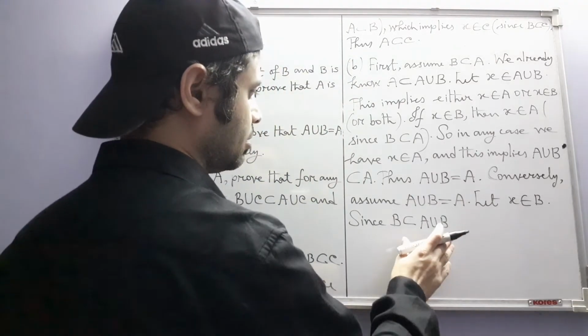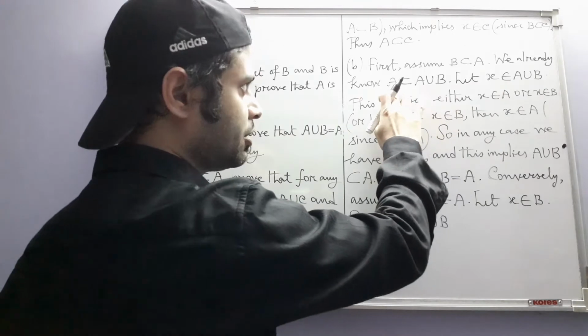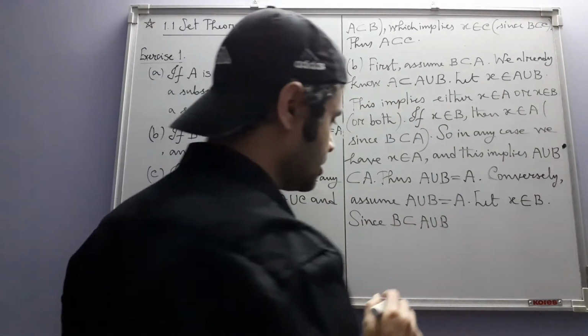In fact, we have used it here also. We already know that A union B contains A as a subset, and just like that, it contains B as a subset.